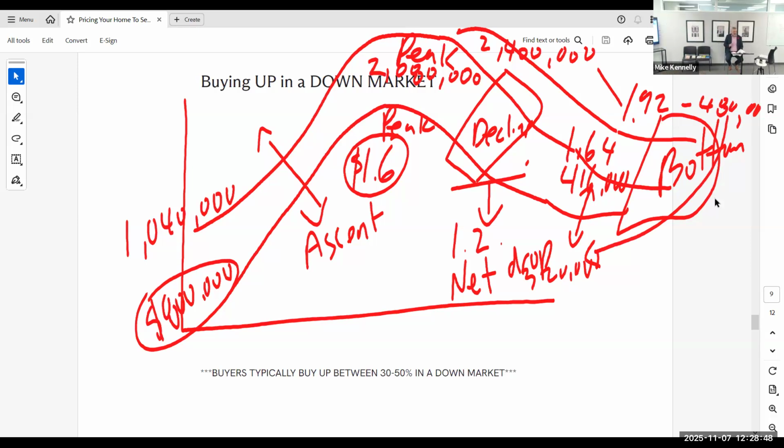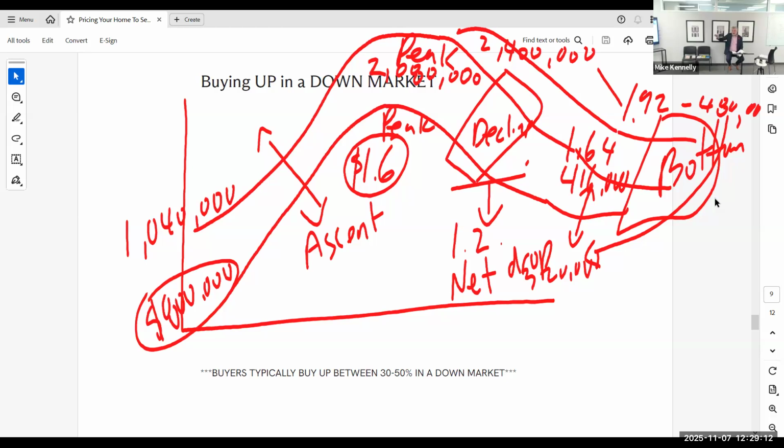I know the story sounds a little bit bitter right now, that your net loss or drop of 320,000, but we're buying up, Mr. and Mrs. Seller. And where we're buying, that net loss and drop is significantly more dollars. So you're actually realizing real money right off, real equity in that move-up home.